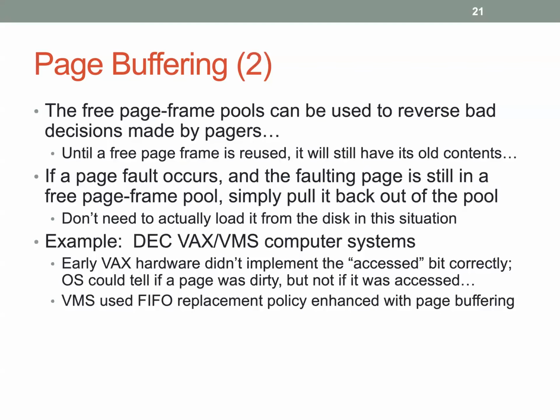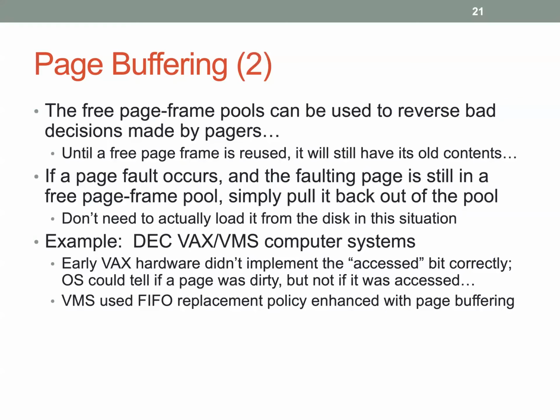Okay, this is an older school example I'll just mention quickly. There was a processor called the VAX, which hopefully none of you have ever had to work on. When I came to Caltech as an undergrad, the first computer that I worked on as work study in full time, it was in the Caltech seismology lab, was a VAX. And it ran this operating system called VMS. And the hardware had a bug where the access bit wouldn't be updated correctly.